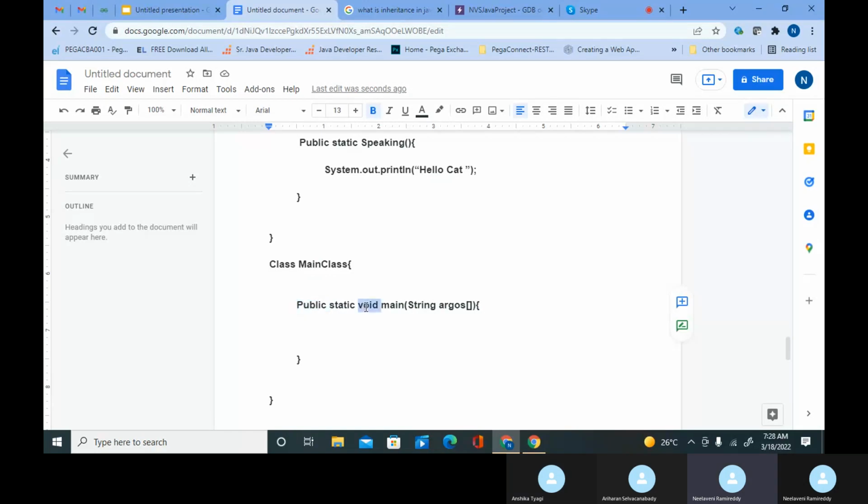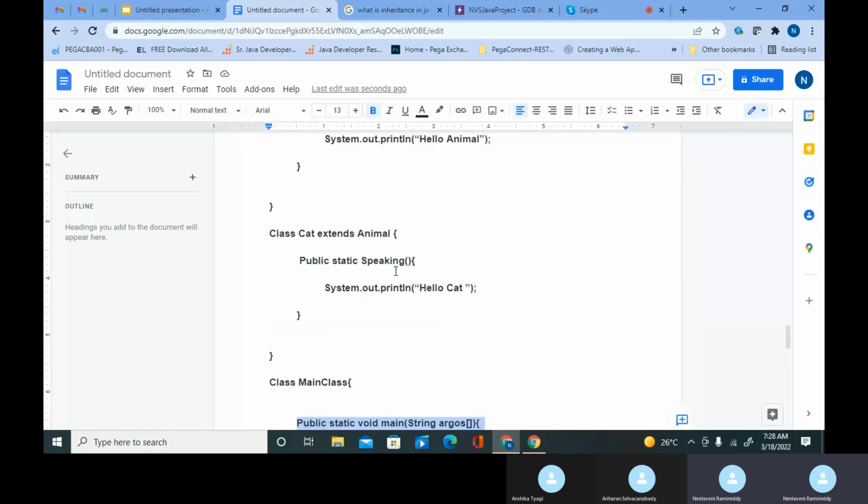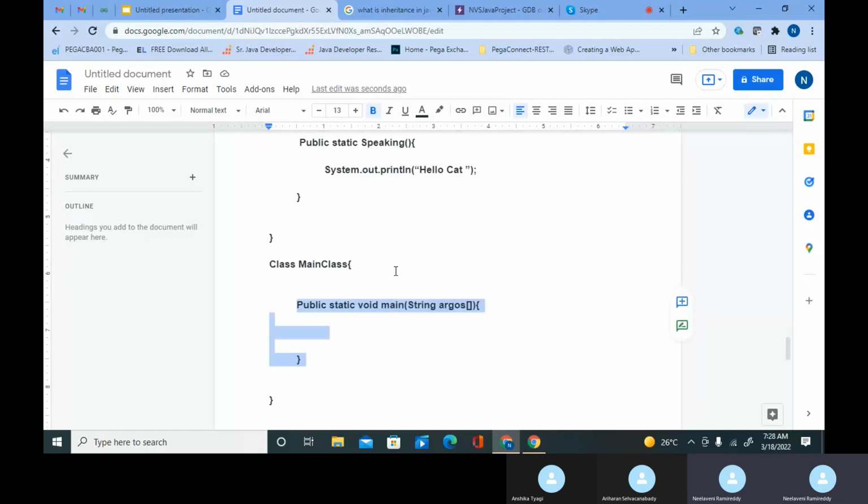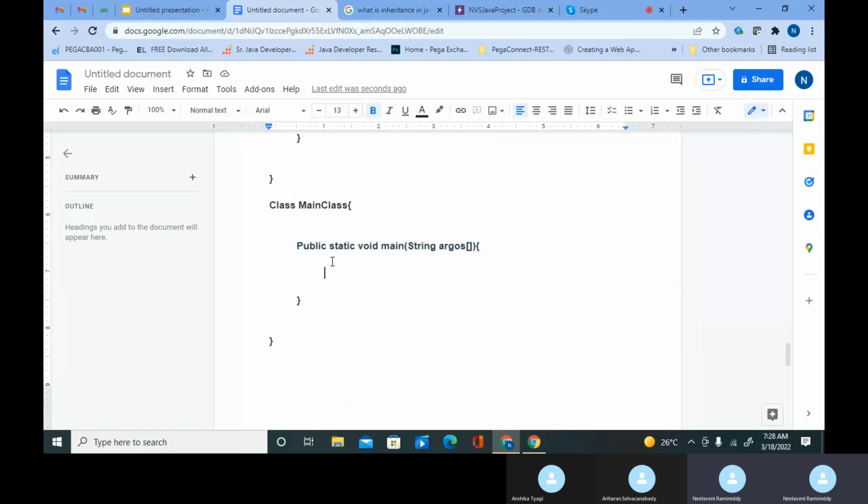So why is it void? Main is void because we don't get anything back. This is the main drive method, the starting point of our application, so by default our application runs from main.